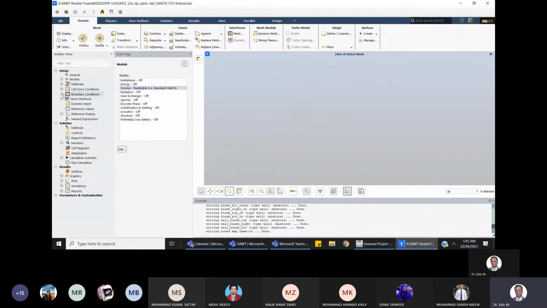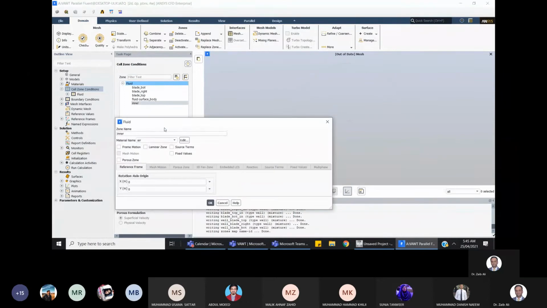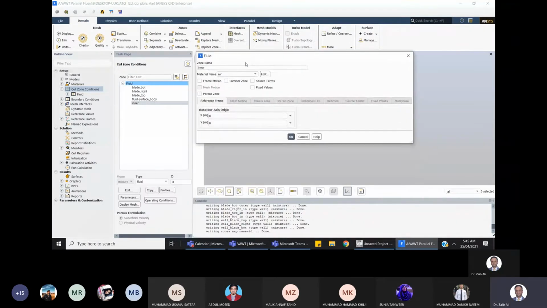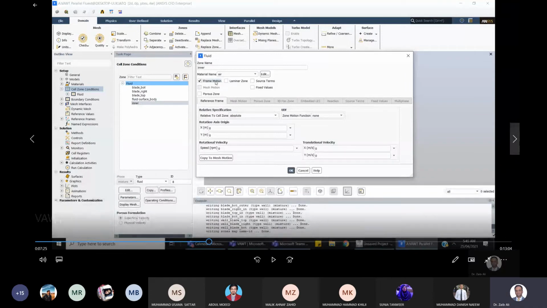And then in the cell zone conditions comes the second important step. Previously, we only had one cell zone in all the previous cases because there was only one consistent, continuous mesh.